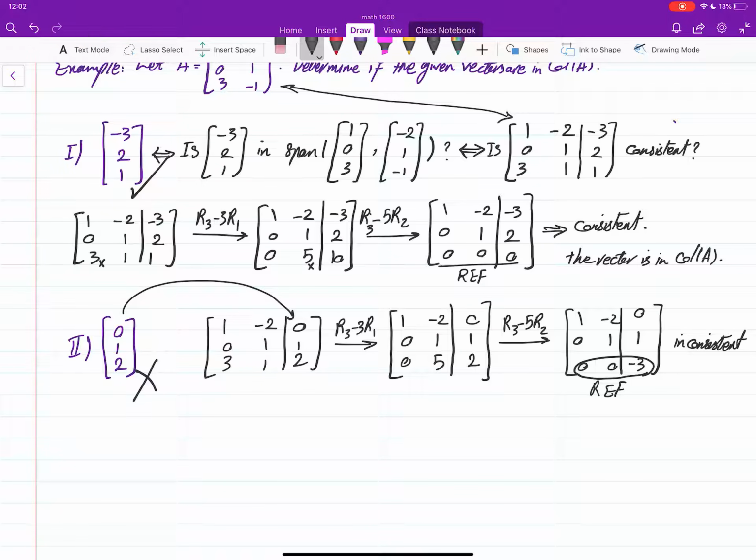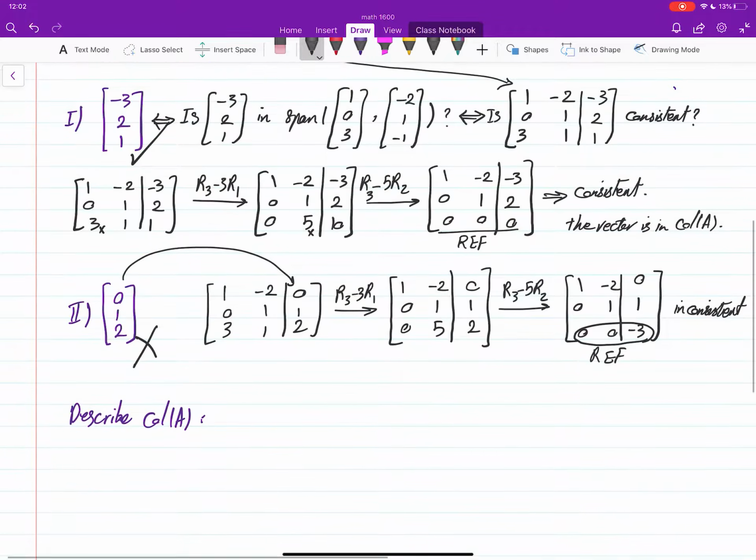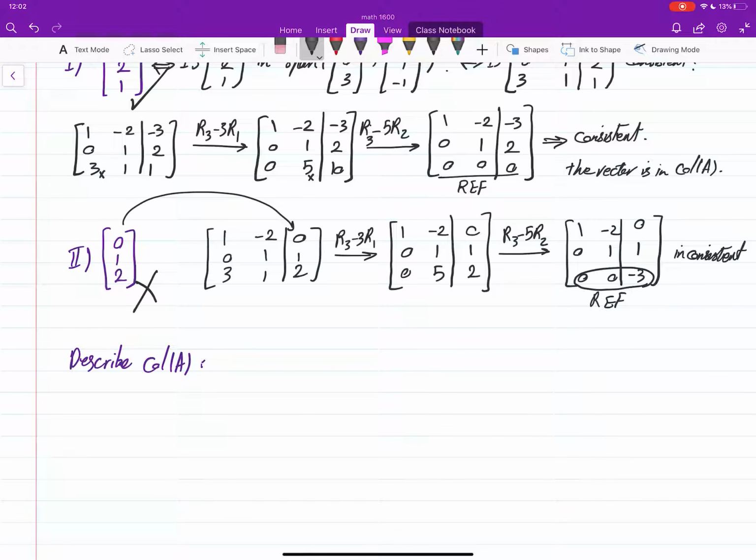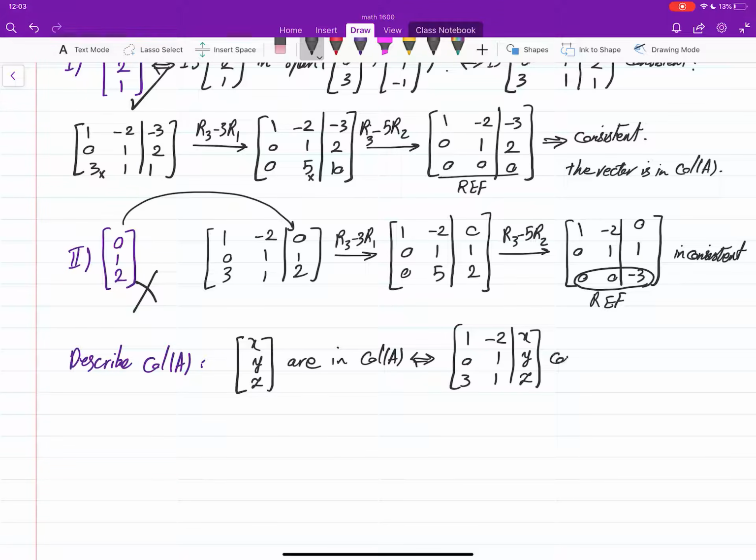Actually, in general, we can describe this column space. So describe COL of A for this matrix. What is the column space of this matrix? We are looking for x, y, z's which are in the column space of A, or in other words, if you put that here, you get consistent.